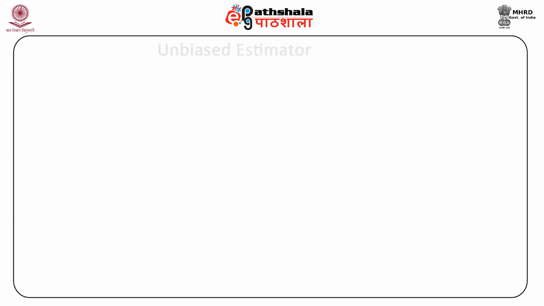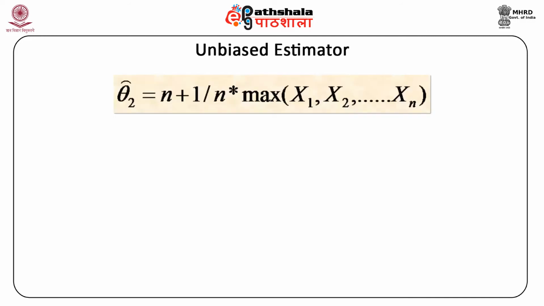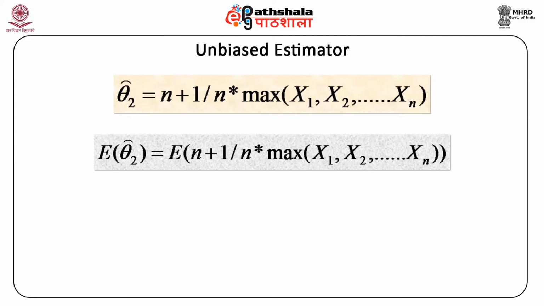This estimator can be modified to get an unbiased estimator theta 2 hat by the following formula: theta 2 hat is equal to (n plus 1) upon n times max of x1, x2, up to xn. Hence, the expectation of theta 2 hat is equal to E of (n plus 1) upon n times max of x1, x2, up to xn.